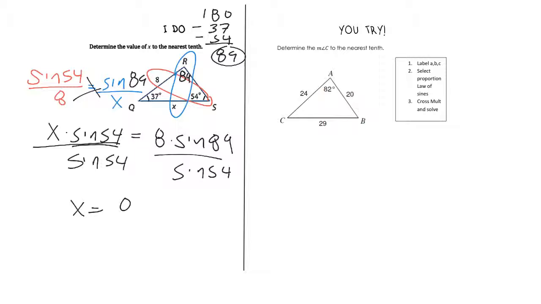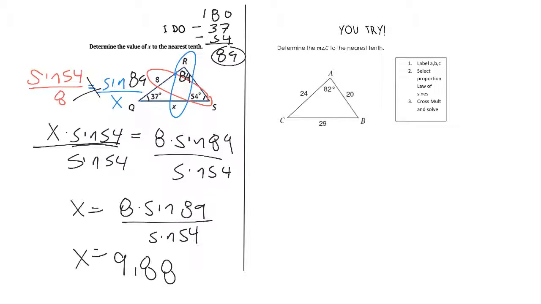So x equals 8 times sine 89 divided by sine 54. And I just want to type that in my calculator. 8 sine 89 divided by sine 54. And you get 9.88. And it said to the nearest tenth, so I always want to go back and check. So x equals 9.9.